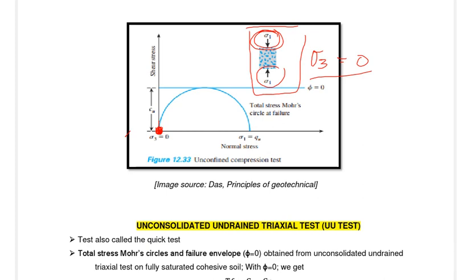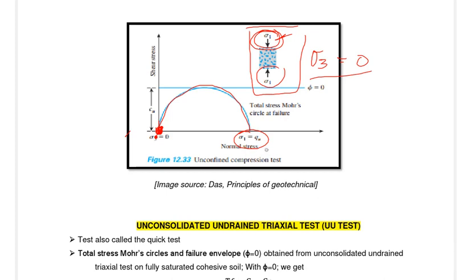So, the Mohr circles for this test are all tangent to the axis, and then if the vertical stress we apply, sigma 1, increases, it increases until our soil fails.